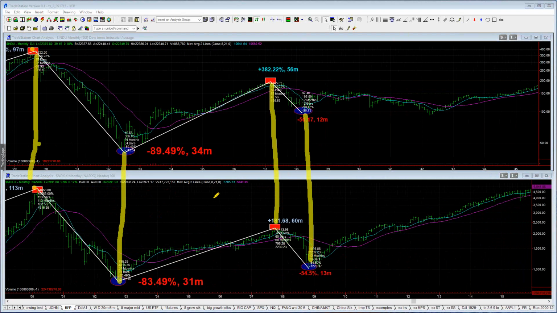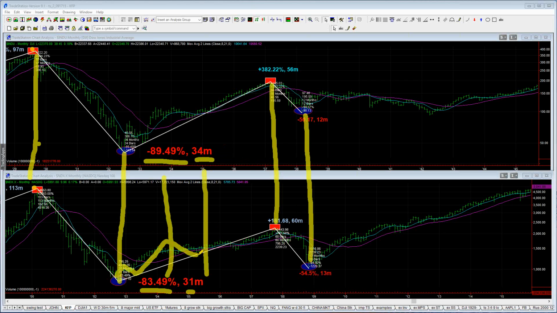What's quite fascinating is, again, this percentage decline is almost identical to this one, and the amount of time that it took to get there is almost the same as that. And then, interestingly enough, that's not where the comparison ends, because we have a tremendous advance, which pattern-wise looks like that here, and here we have a similar pattern here.